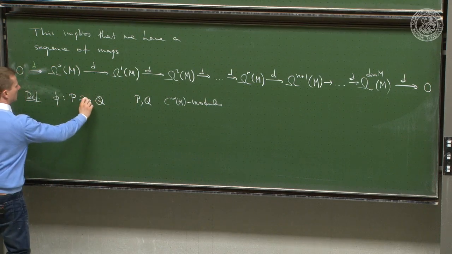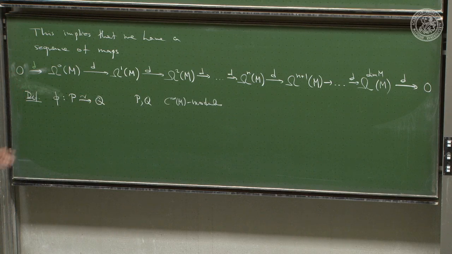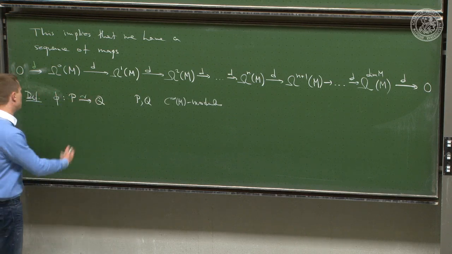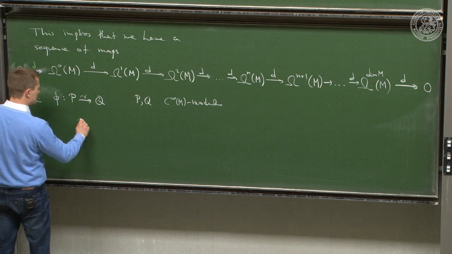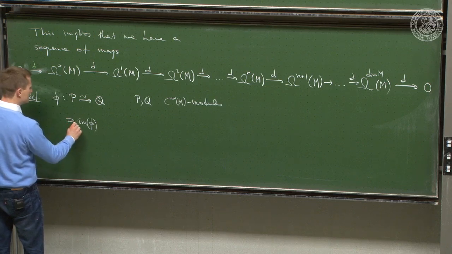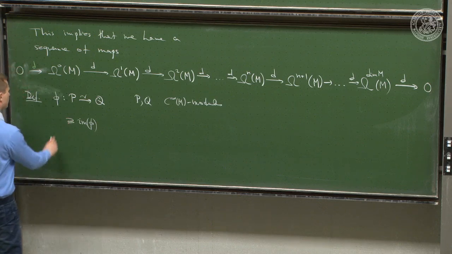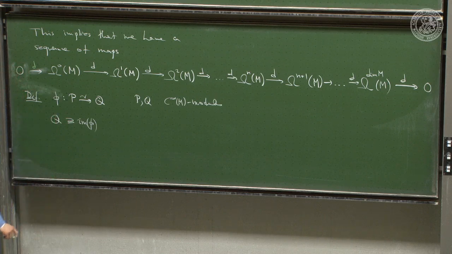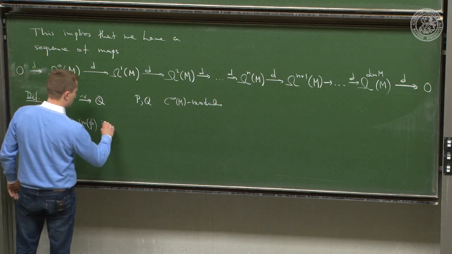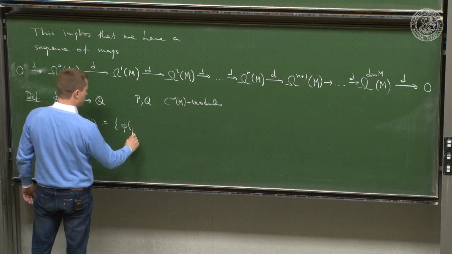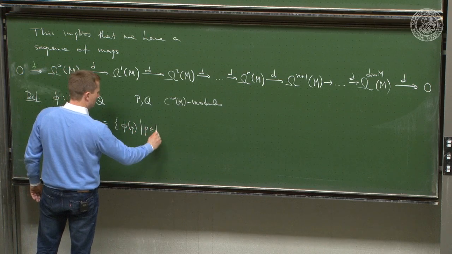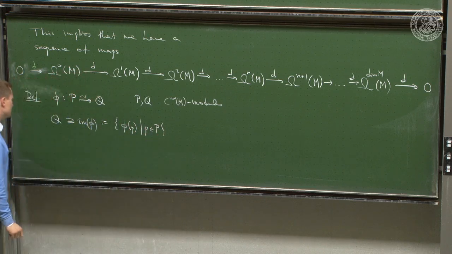If you have a linear map between two modules, you probably saw this between vector spaces, then you can define two things. You can define something called the image of the map, which is a subset of the target of the map, and it is all those objects phi of p for p in P. It's all the images.